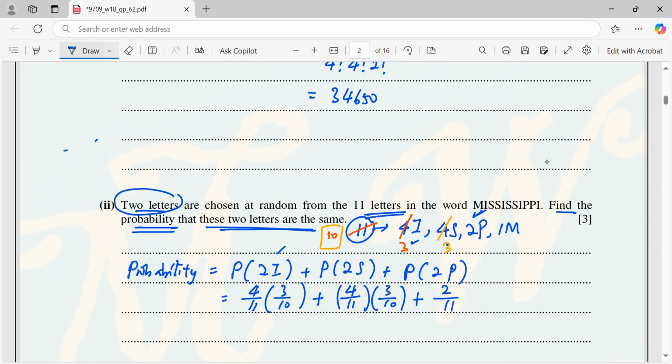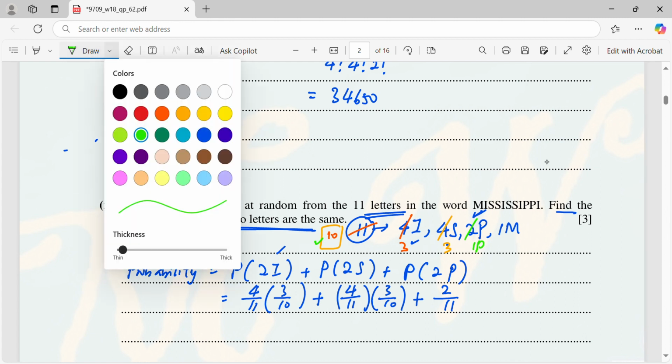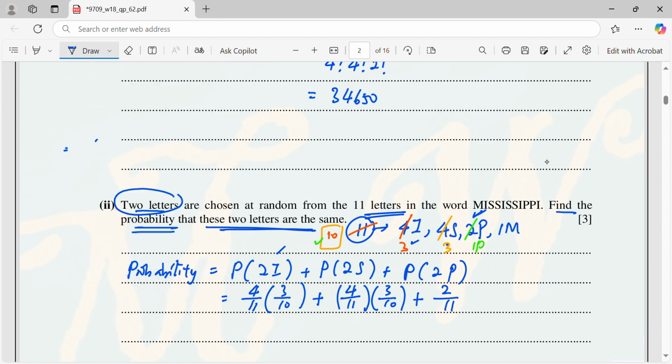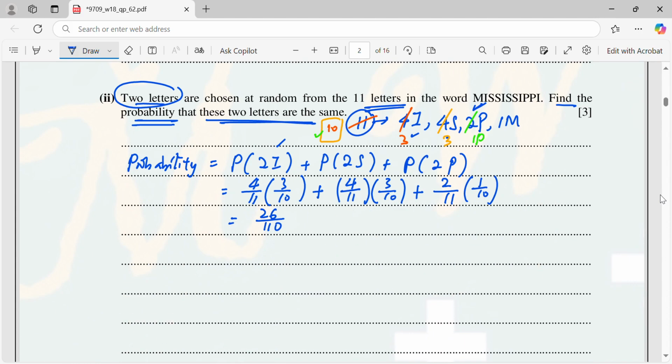But after you have chosen 1 P, now here left 1 P, and the total left 10 letters. Therefore, the probability of choosing the P is 1 over 10. Okay, so when you calculate this, this is going to be 26 over 110, and this can be simplified into 13 over 55. Now, this is the first way to do it.